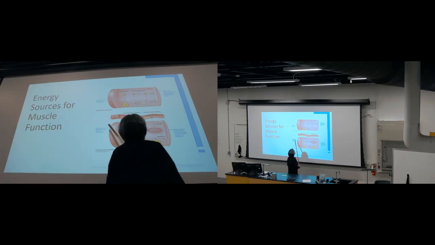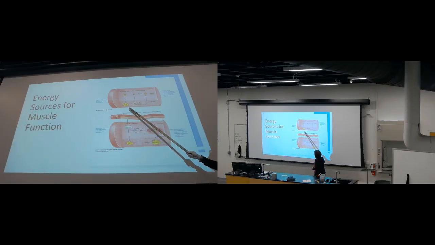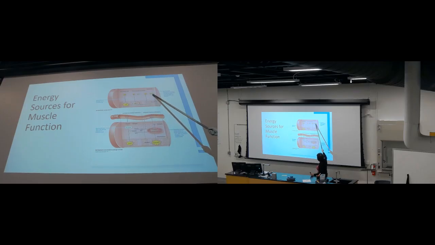So we have immediate energy sources. Then for contraction of the muscles, we have creatine plus ATP that forms creatine phosphate. So then when you dephosphorylate this creatine, you have ATP available from your stored ATP in your muscle cells.